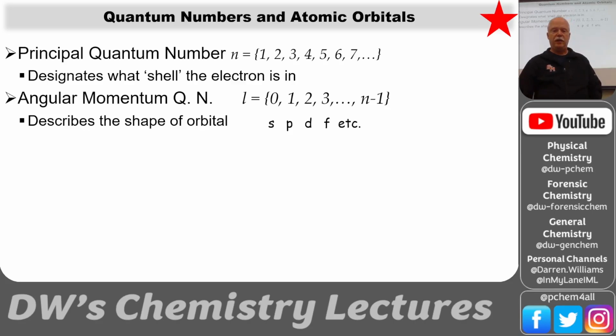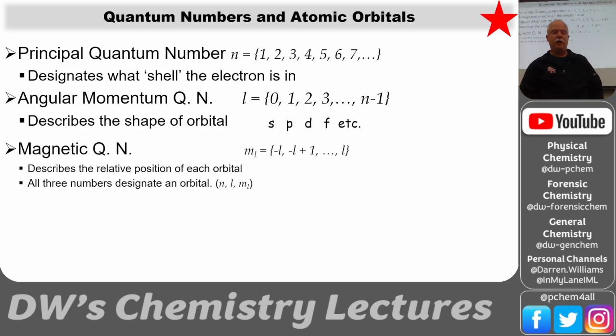And so for L equals 0, that's an S. For L equals 1 is a P, 2 is a D, 3 is an F. And that's all we have for the ground state orbitals on the periodic table. Okay, so we have the F block over here, cerium and thorium, the lanthanides and actinides. Okay, there are higher orbitals. We go to G and H and I, but those are for excited atoms. So you can excite an electron to a G orbital, which is a little weird, but we're going to learn about that in a couple of lectures.